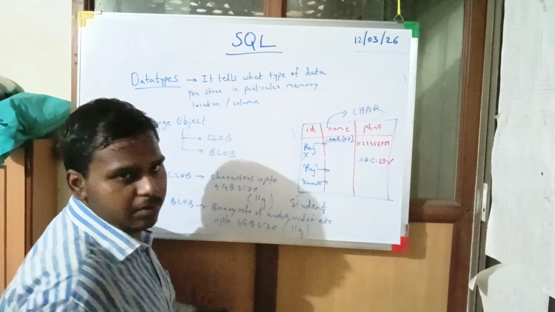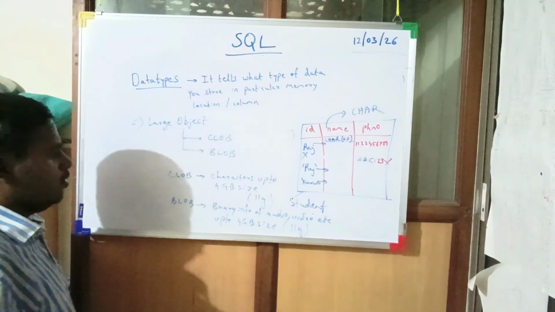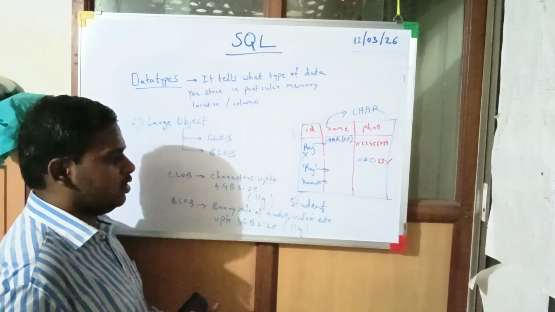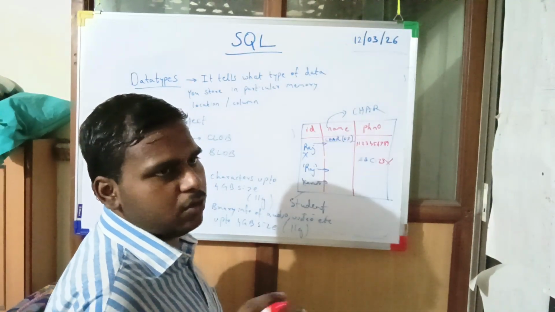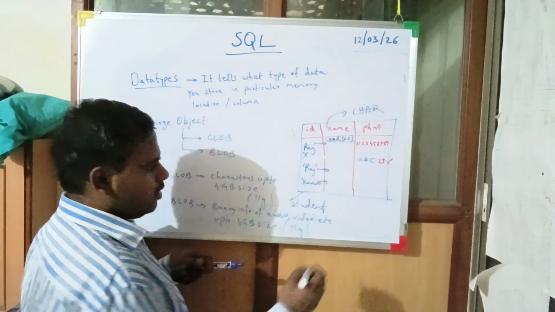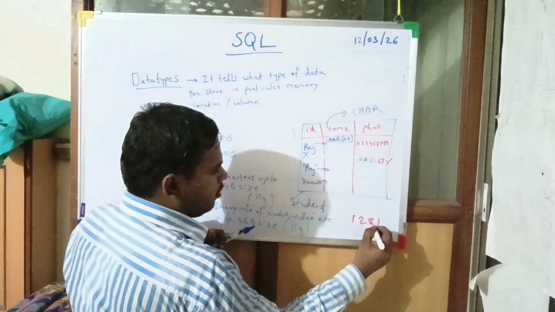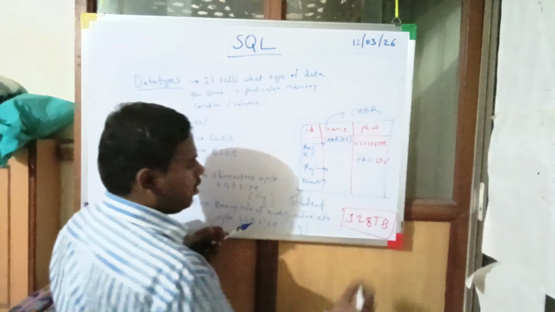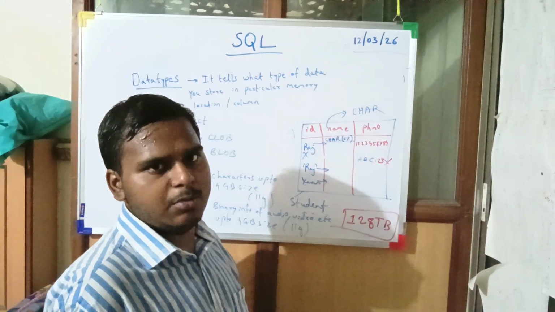In 11g or 10g older versions, which came in 2003, 2007, the maximum size limit was 4 GB. But if you see the latest versions, Oracle 21c, 23ai, 26ai, here the maximum size is now 128 TB, 128 terabytes. So how much difference is there from 4 GB to 128 terabytes? GB means gigabytes.